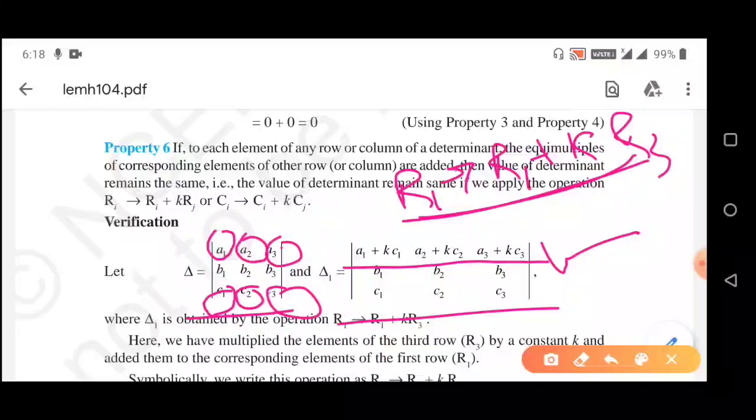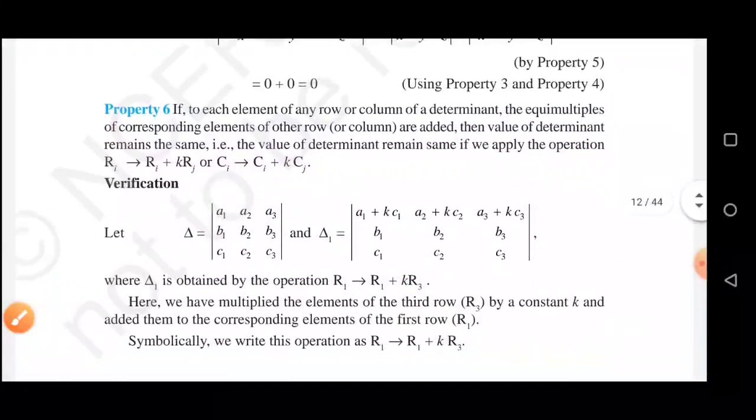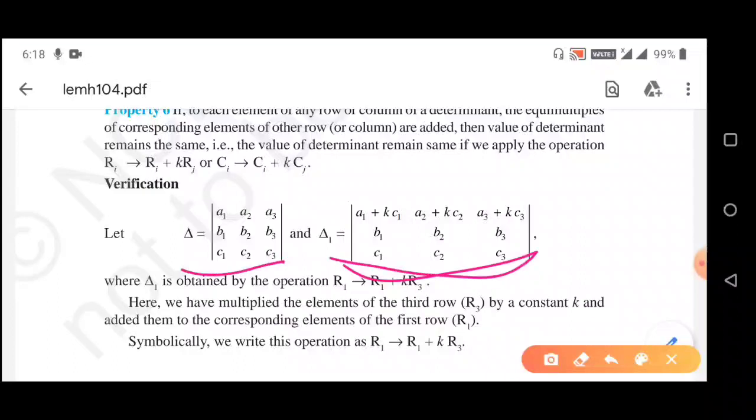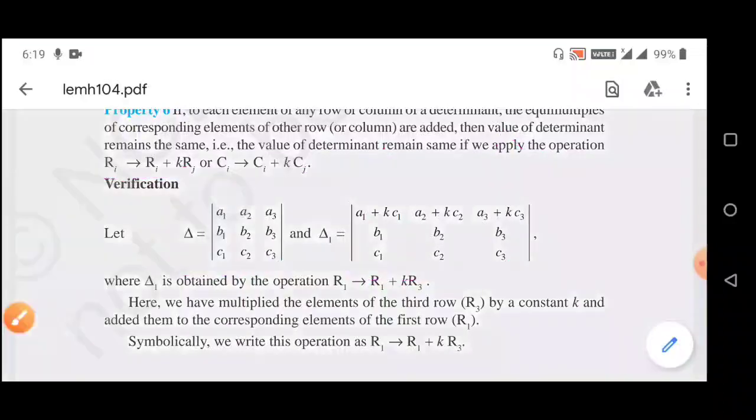In this way, two determinants are written. If we have two determinants like this, then the value of these two determinants will be equal. So, delta equals delta 1. This is property 6. So, whenever we do this kind of question, we can apply operations like that, and the value of the determinant will not change.